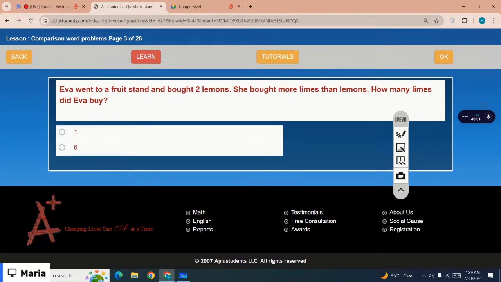She has two lemons, right? And she bought more limes than lemons, right? So that means it must be greater than two. The correct option is six. Option number two is the correct option.